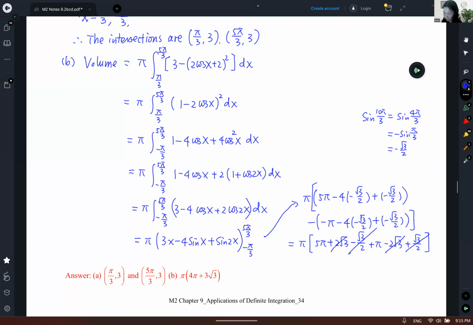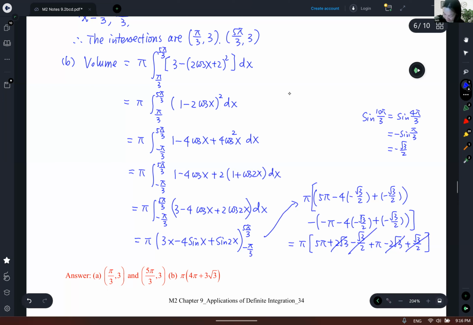Sine of pi over 3, 5 pi over 3. That is positive. That is positive. This one is sine... Oh, yes.